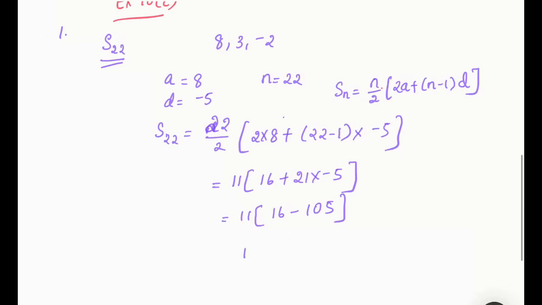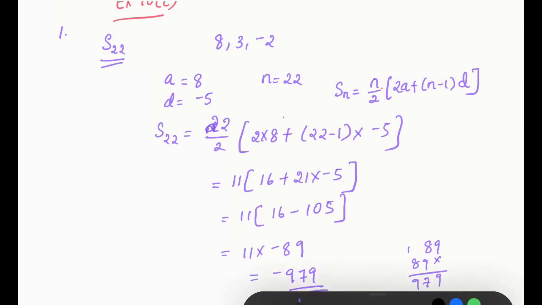So 16 minus 105 equals minus 89. 11 into 89, what do you get? 979. So your answer is minus 979. Is it clear to all?